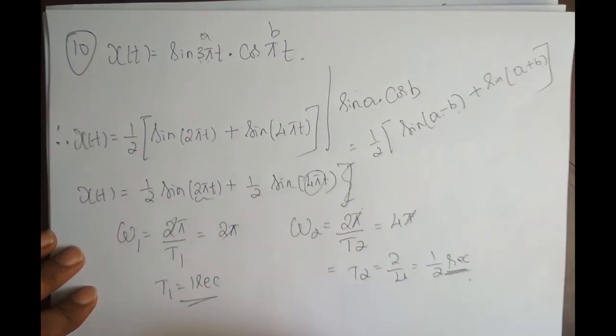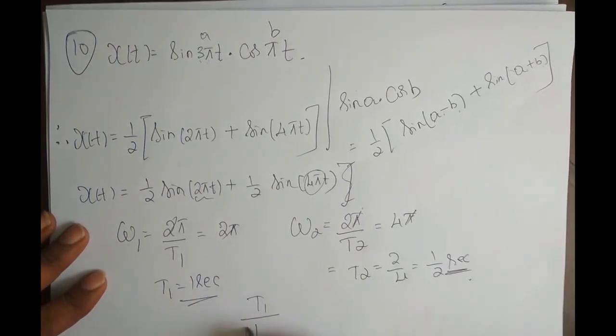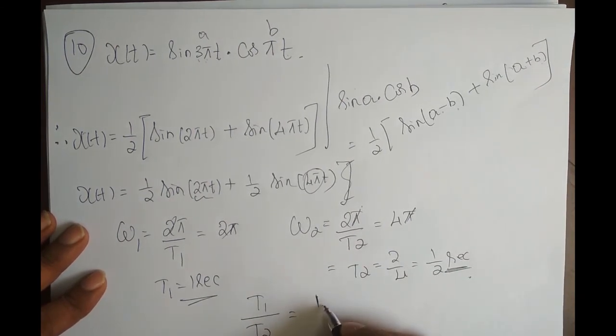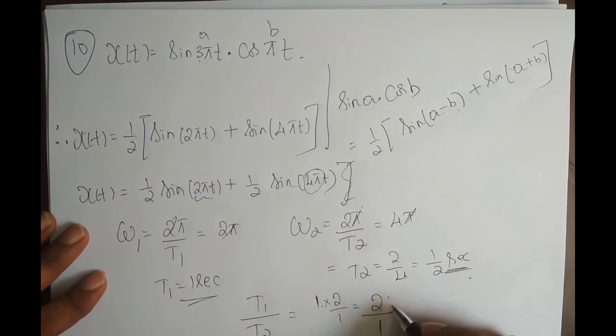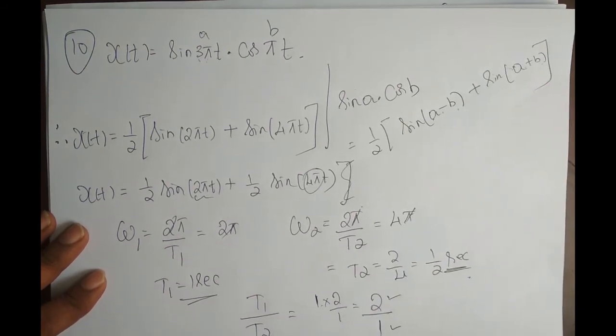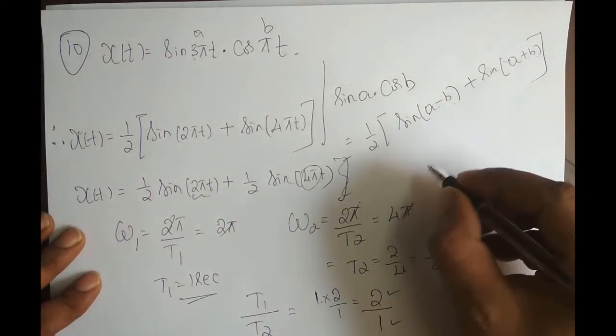Now I have to take the ratio T1 by T2, which is equal to 1 divided by 1 by 2, that is 1 into 2 by 1. So this is equal to 2 by 1. Since the ratio is rational, in the sense numerator is an integer and denominator is an integer, therefore the signal is periodic.